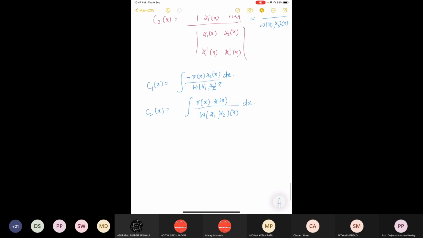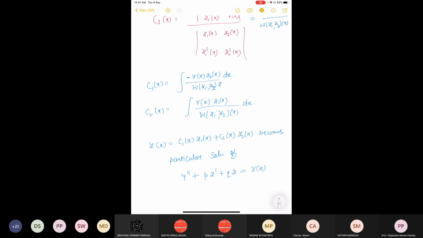So once you have c1 of x and c2 of x, then y of x is equal to c1 of x y1 of x plus c2 of x y2 of x, which becomes a particular solution of y double dash plus p y dash plus q y equal to r of x.